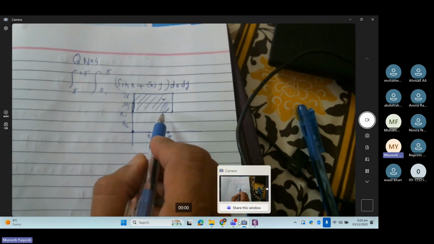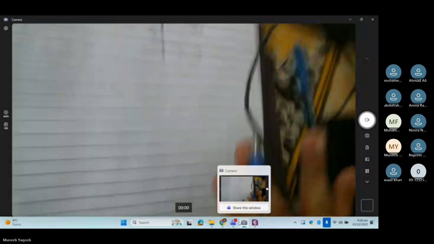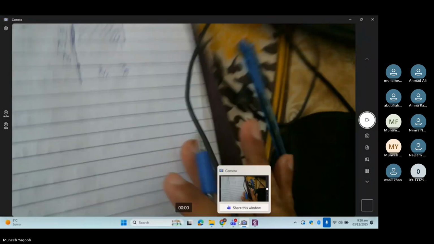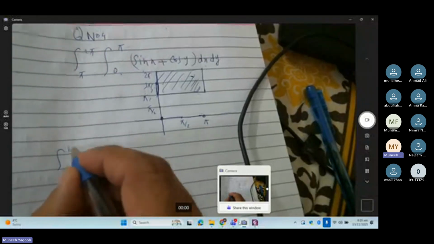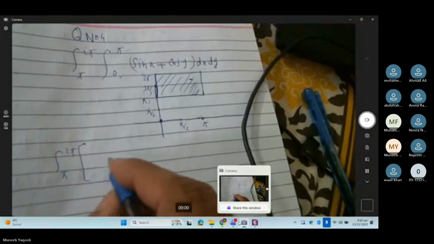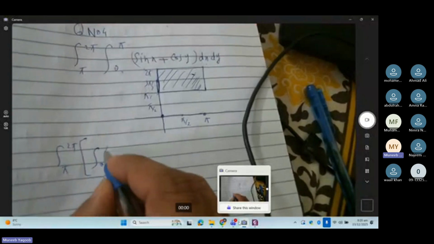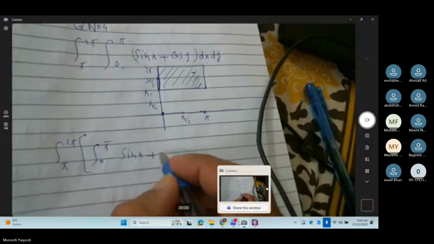Okay, now to integrate this function with respect to x, we will write integral pi to 2 pi, then integral 0 to pi of sin x plus cos y dx.